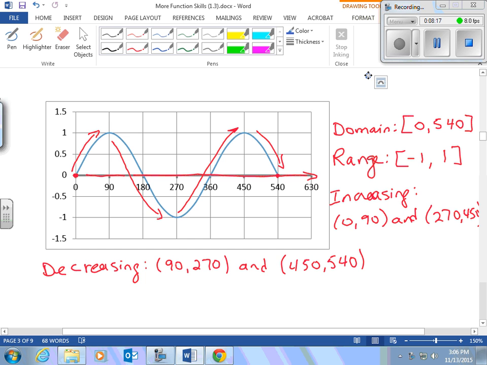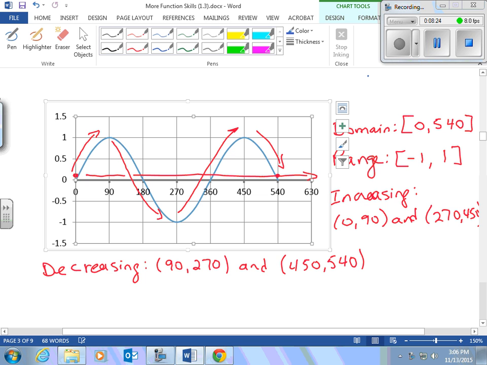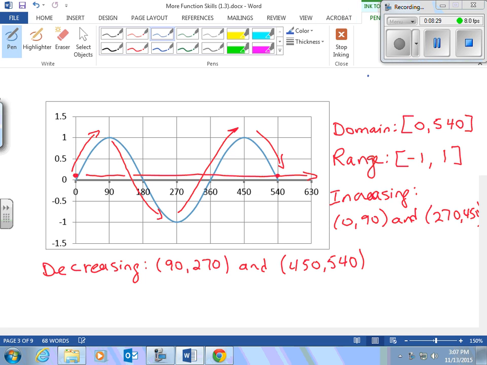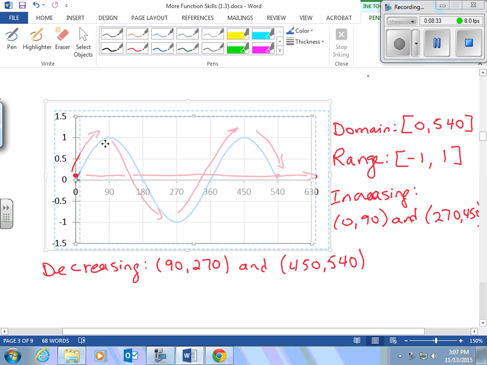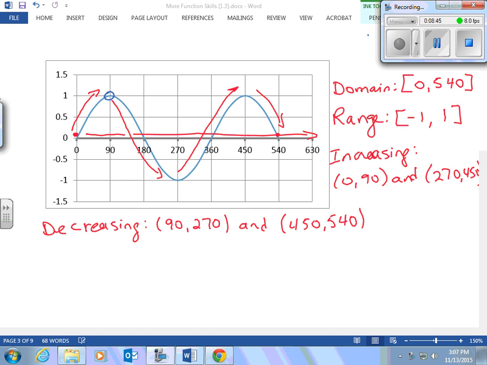Here we've got a relative maximum. It just wants to mess with my diagram here, so we'll just stop doing that. I'm going to just press pause here. Okay, I think we got that straightened out.